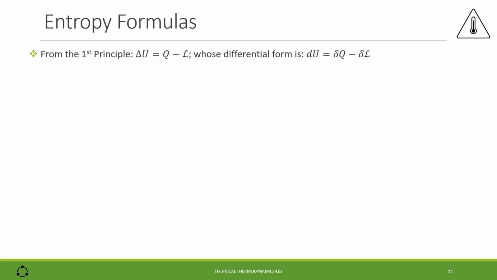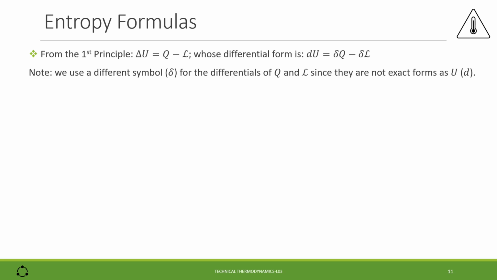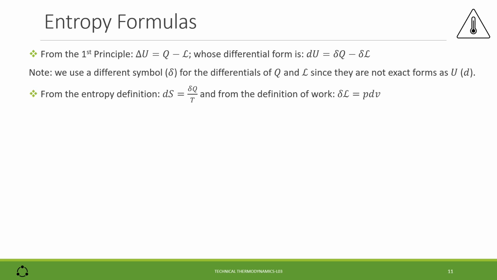From the first principle, we have that the delta U equals Q minus L, whose differential form is dU equals dQ minus dL. We use here a different symbol for the differentials of Q and L, since they are not exact forms as U. From the entropy definition, dS equals dQ over T, and from the definition of work, dL equals P dV.